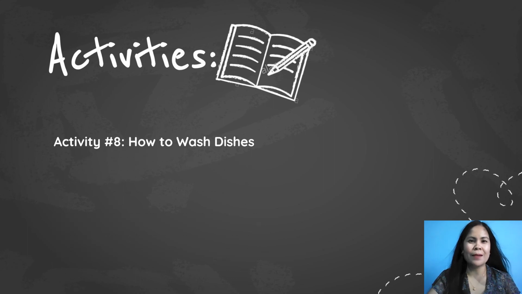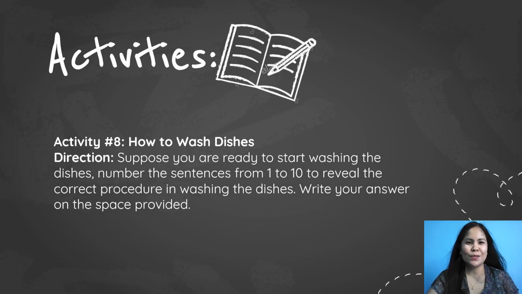And for our activity 8, how to wash the dishes. Suppose you are ready to start washing the dishes, you're going to rearrange the sequence or the procedures on how you're going to wash the dishes. You're going to number it from 1 to 10.